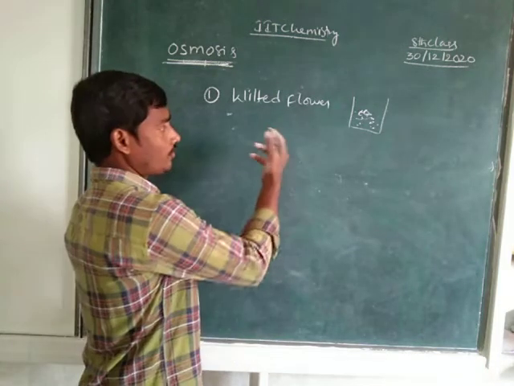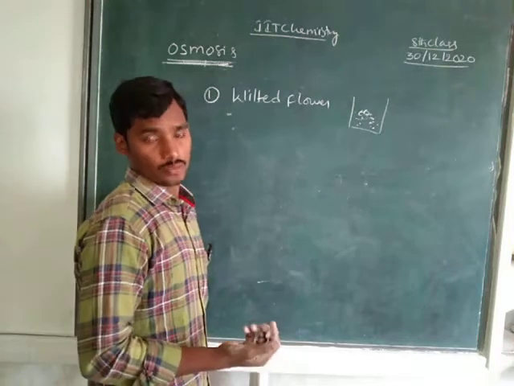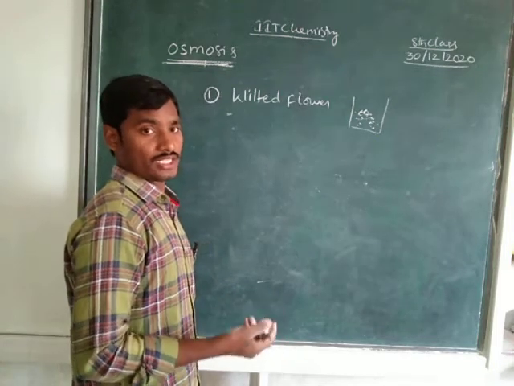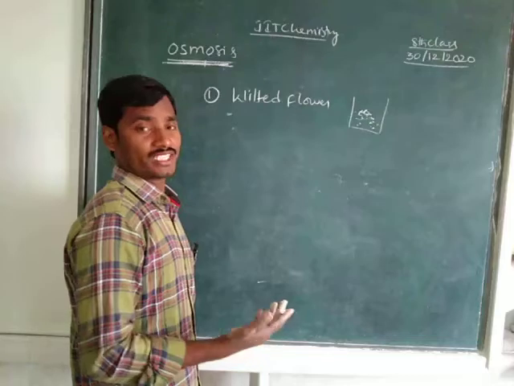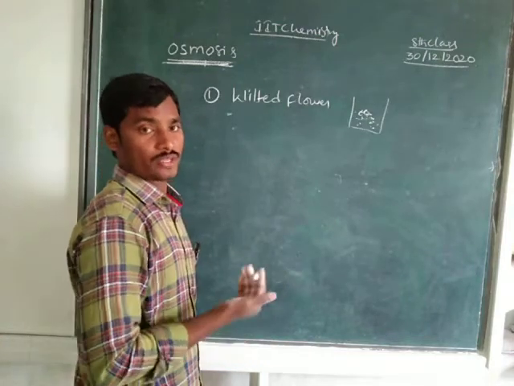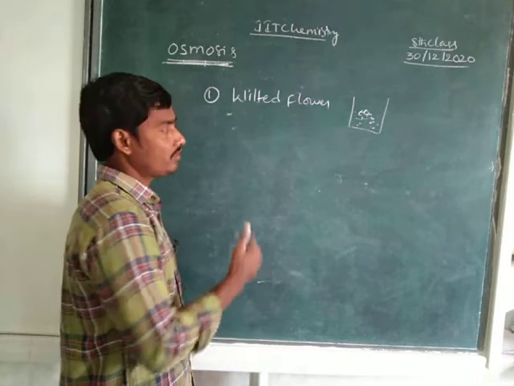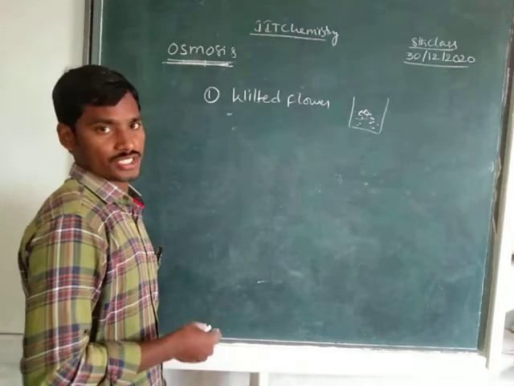Because of that, water, that is the solvent, has entered into the petals of the flowers. That is one example of osmosis, right children?